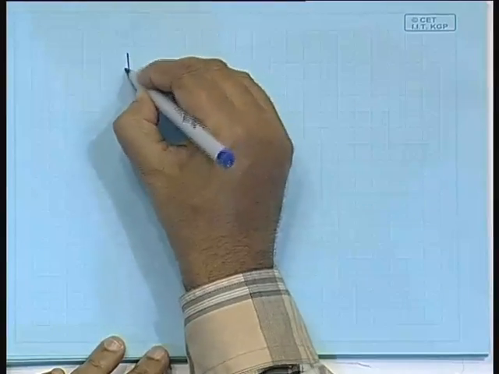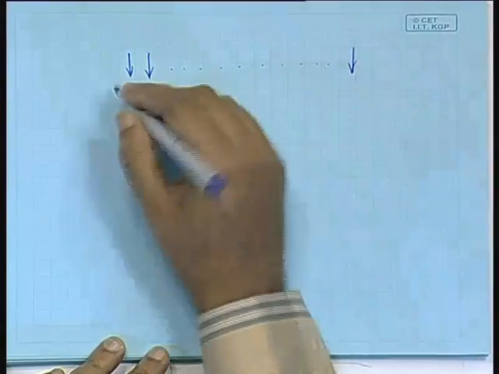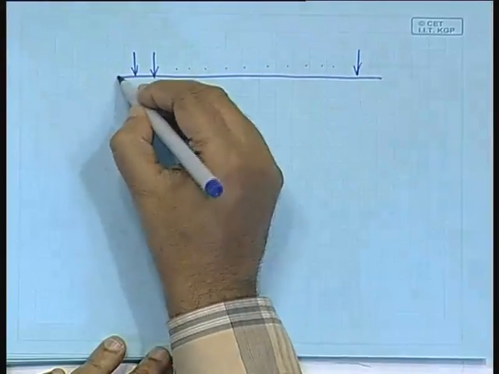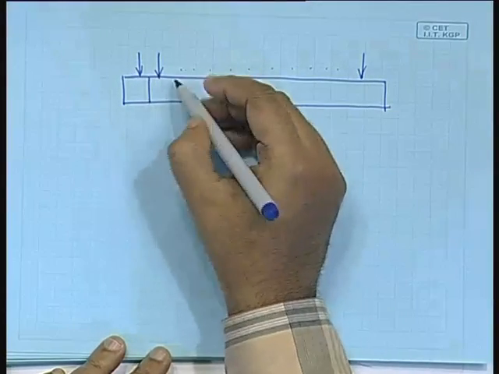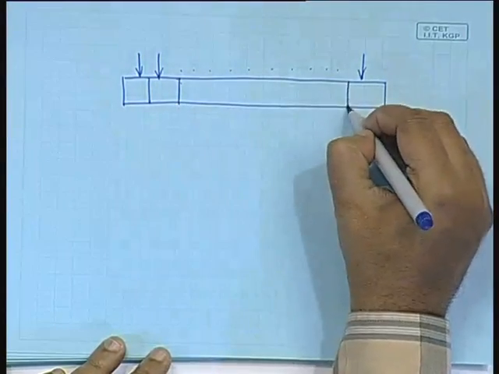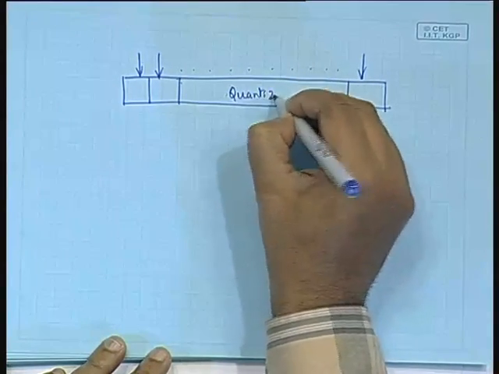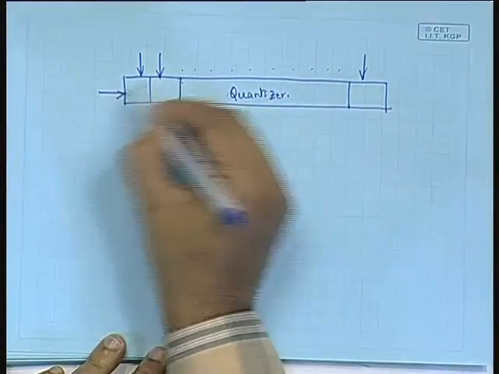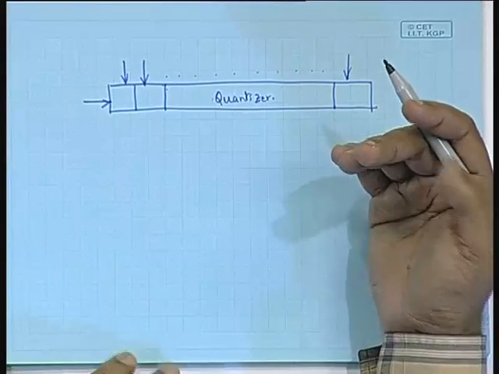Okay. So, from this scale factor buffer, these 32 subband samples we are getting will get quantized. This is for subband 0, subband 1, up to subband 31. So, there will be a quantizer. The quantizer will be chosen based on what? Based on psychoacoustic considerations.